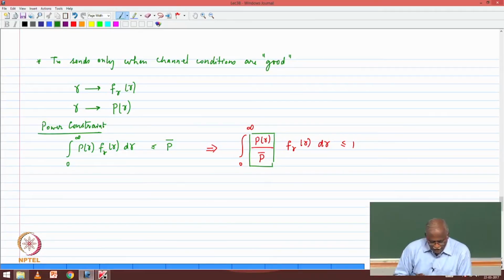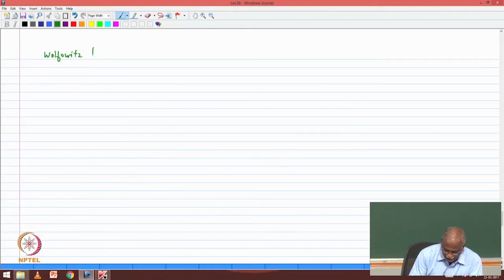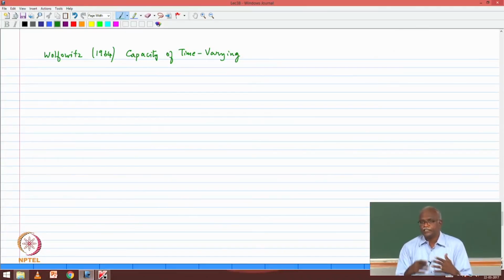Okay. So now comes the problem statement of CSIT. The problem statement was posed by Wolfowitz in 1964, where he was looking at the capacity of a time varying channel, which is exactly what we are looking at, where the transmitter and receiver know the PDF, and the channel assumes that both the transmitter and receiver know the instantaneous SNR.